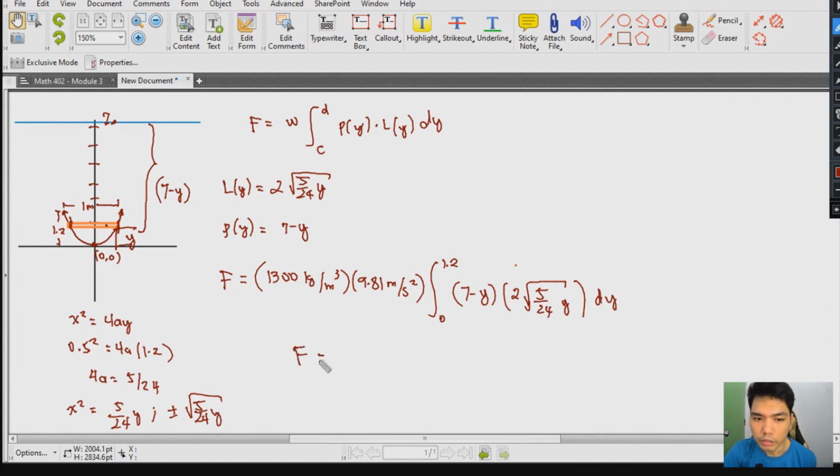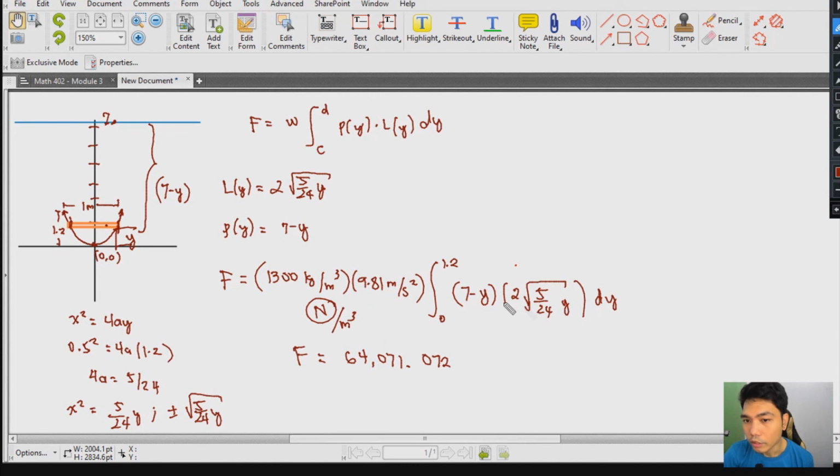This gives us a value of 64,071.072. And of course, you have to make sure that the units are consistent. Here, kilograms per cubic meter, you multiply by meters per second squared. Any mass multiplied by the acceleration due to gravity becomes Newton. But since this is per cubic meter, it is still per cubic meter.